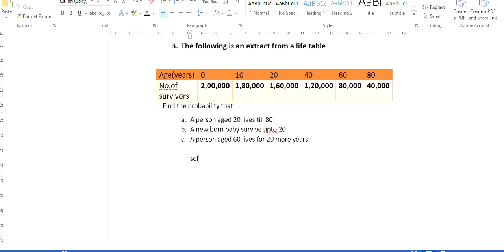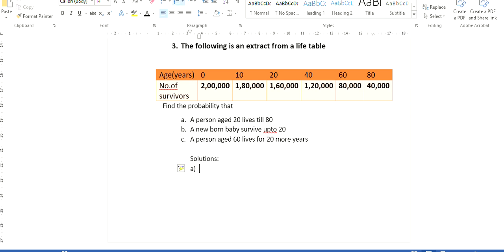Solution for A. Now how to do this? The same formula that we applied there. The probability is favorable outcomes divided by total number of outcomes. So 20 lives till 80.